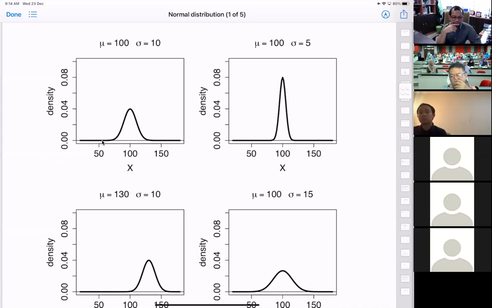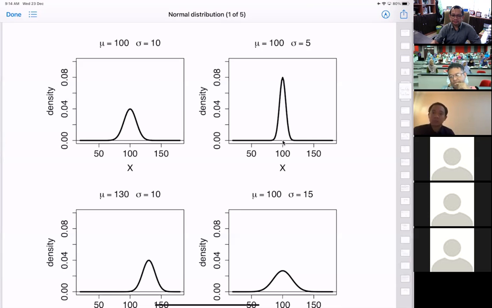Okay, look at this normal distribution. As you see here, left-hand side and right-hand side, the mean is equal, 100 and 100. But what happened when we reduce the standard deviation at the right-hand side?